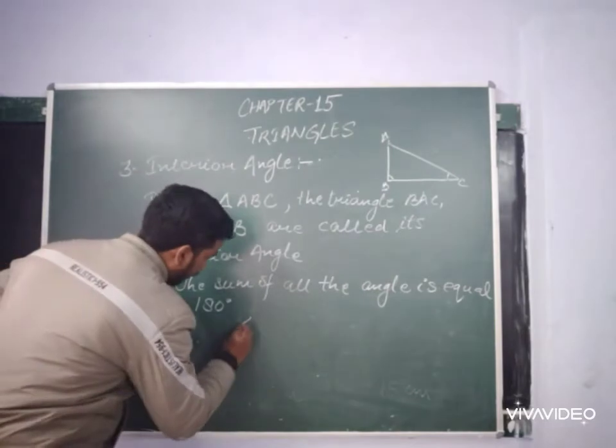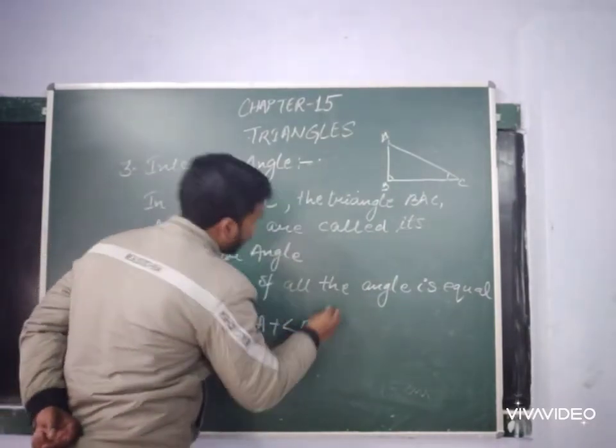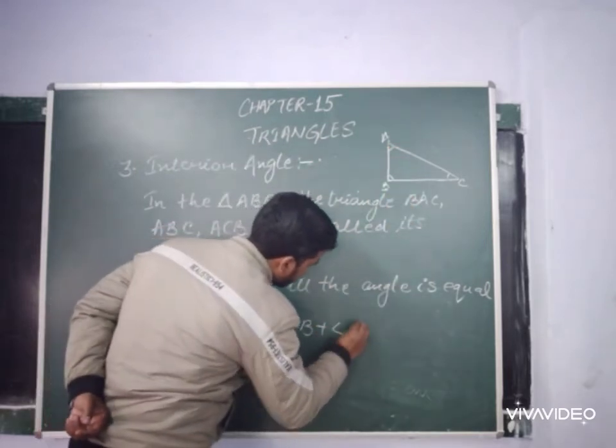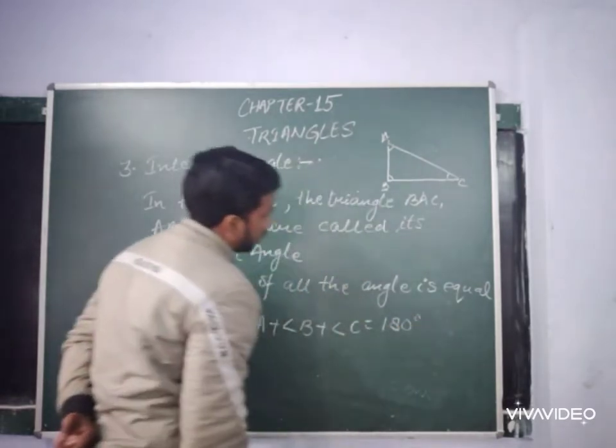That is, angle A plus angle B plus angle C equals 180 degrees. Clear?